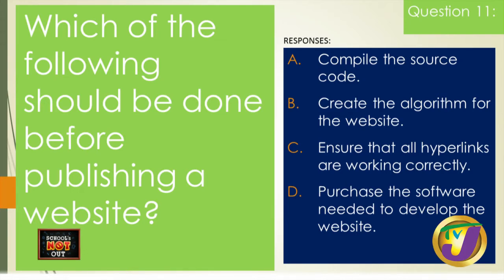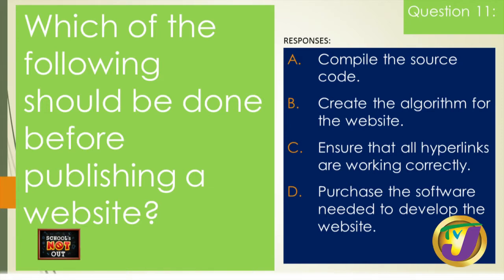And the scenario asks what you are doing just before you publish your website. B says create the algorithm for the website. Well, absolutely not. There's no way you could be about to publish a website and you're just creating an algorithm for it. Plus, we don't create algorithms for a website. We create algorithms for programs.